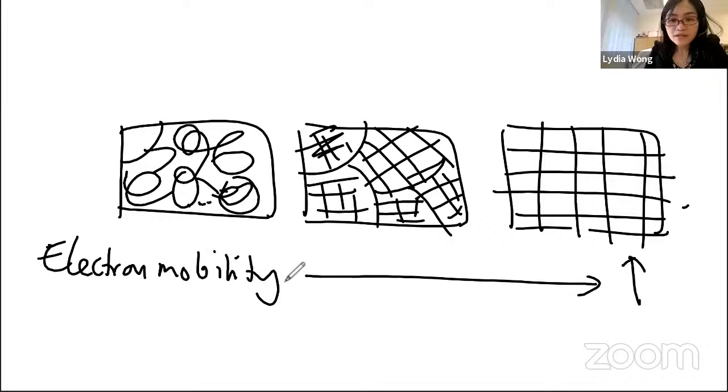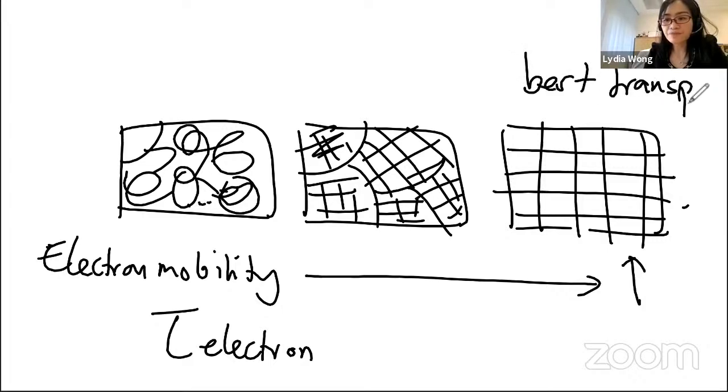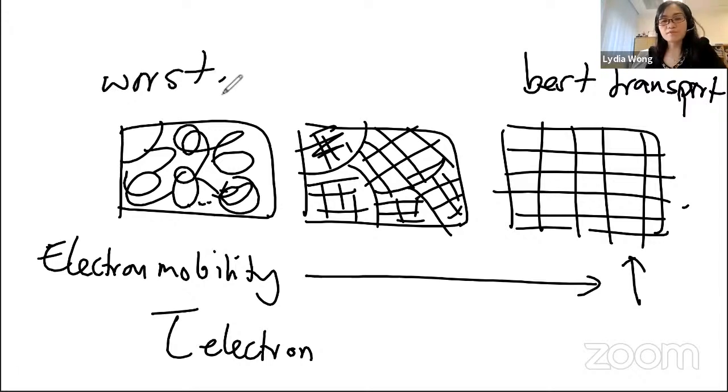And electron mobility is related to the lifetime of the electron. Meaning, how long does it take for this electron to recombine with holes? Because of this, one has the best transport properties compared to the amorphous.